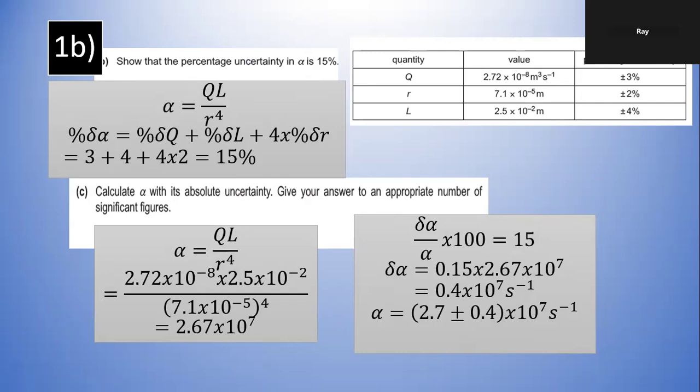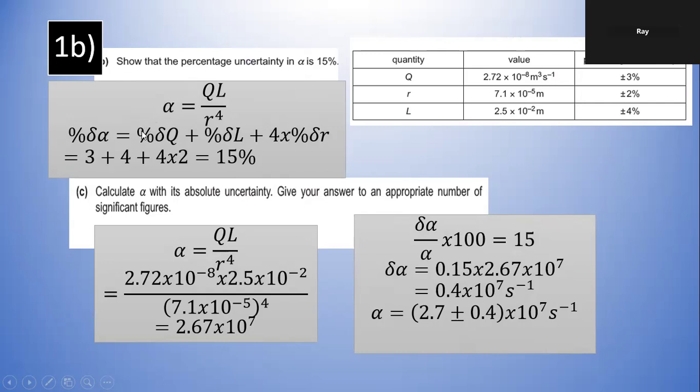Any query? Because I don't know what symbol to write for the second one. Percentage uncertainty means percent delta alpha. It means delta alpha over alpha times 100, is 15%. How come you wrote percent delta alpha only?